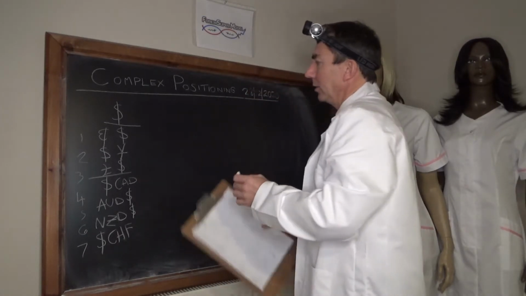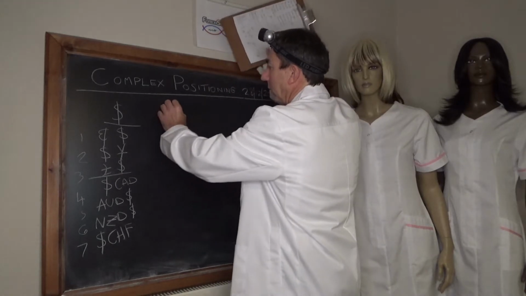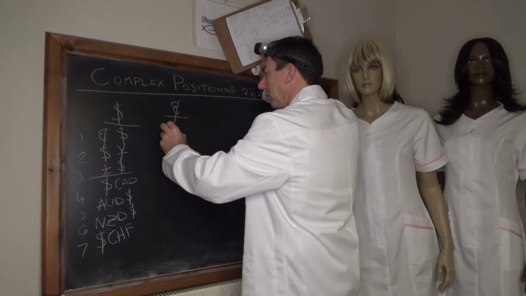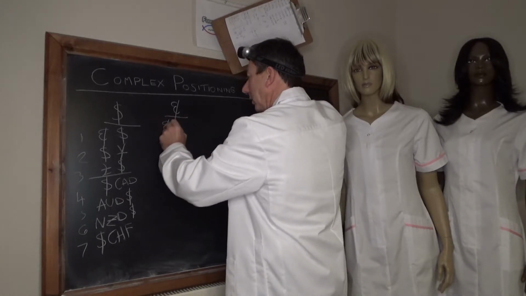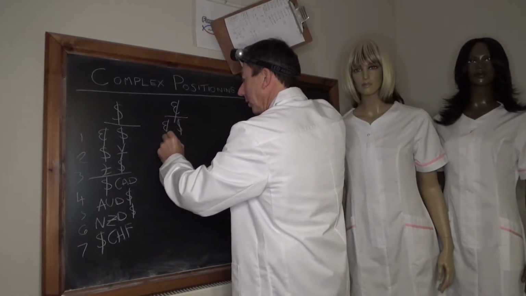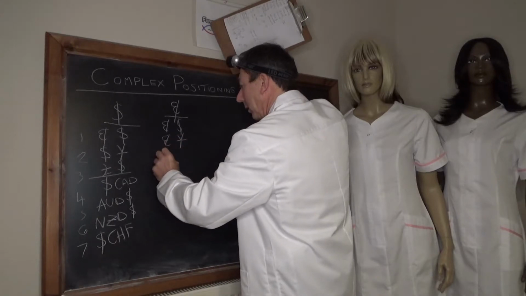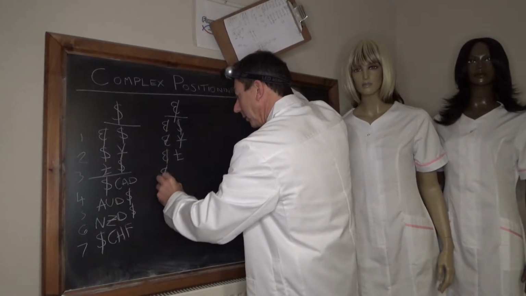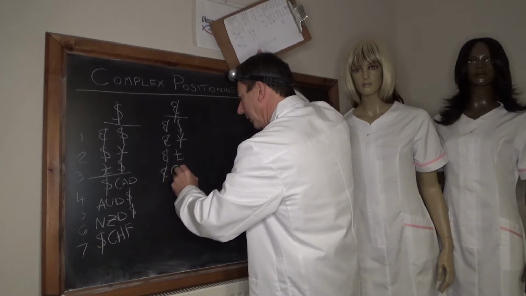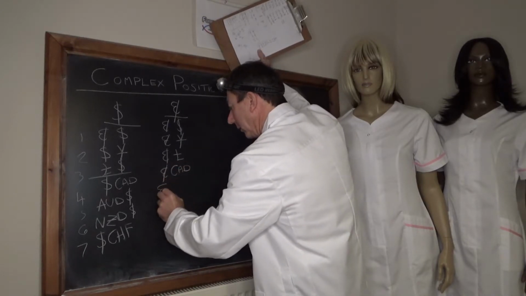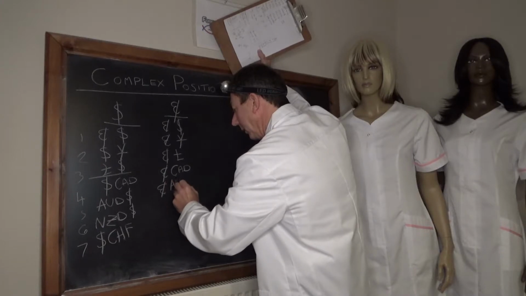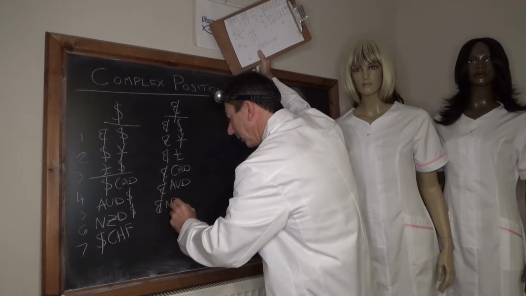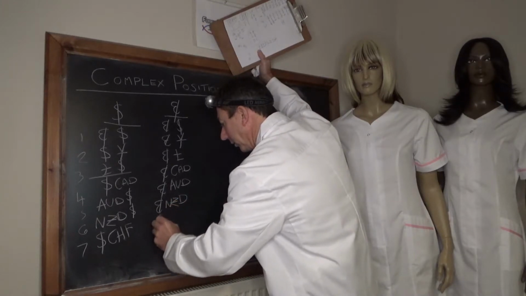Just to show you quickly what the others are, I won't do them all, but the euro complex would be euro dollar, euro yen, euro pound, euro CAD, euro AUD, euro NZD, and euro Swiss franc.